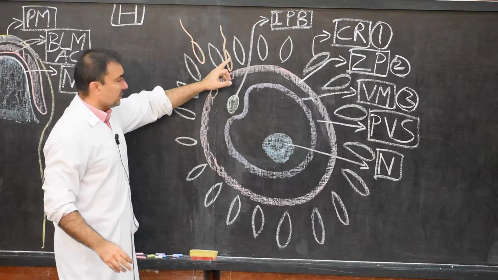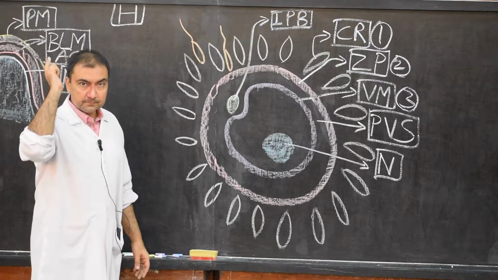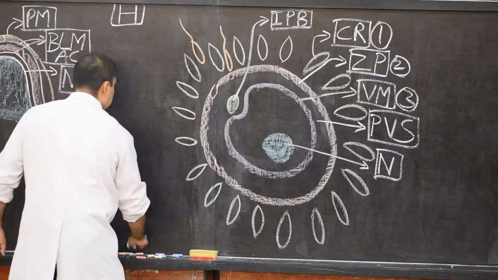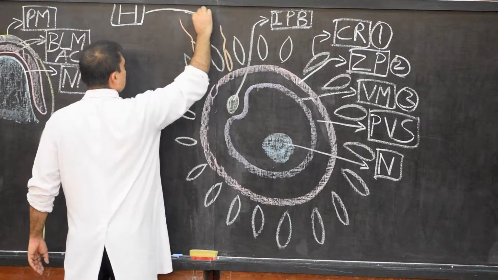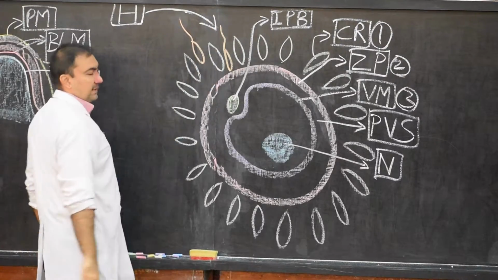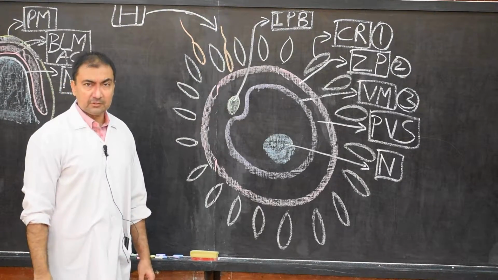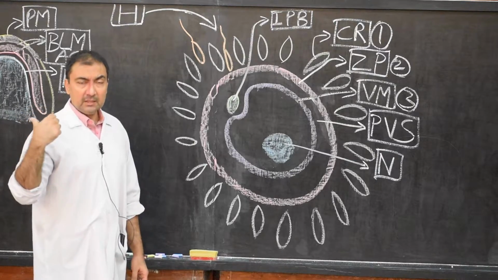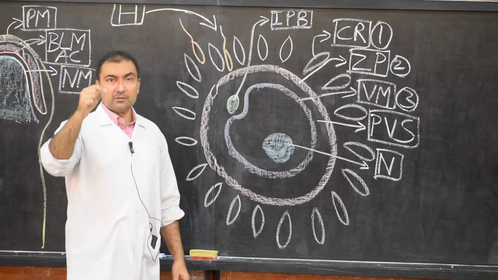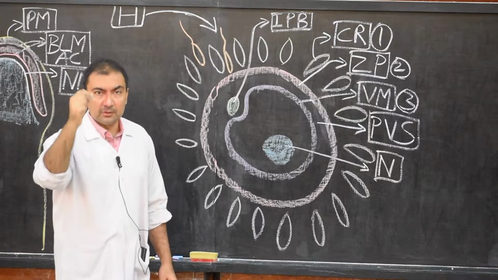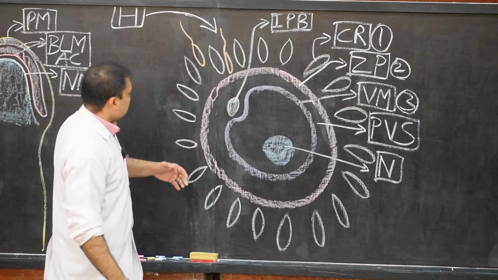Spermatozoon is allowed to pass through the first barrier. So here we will put an arrow. This is what happens because of hyaluronidase, which is released from the acrosomic cap because of acrosome reaction.